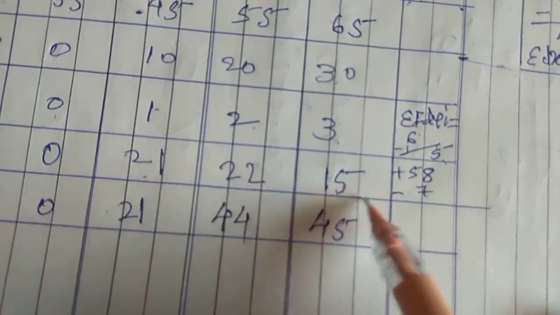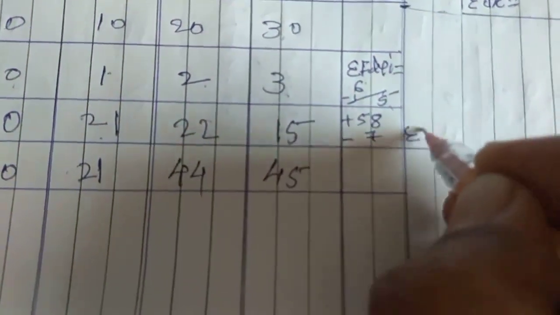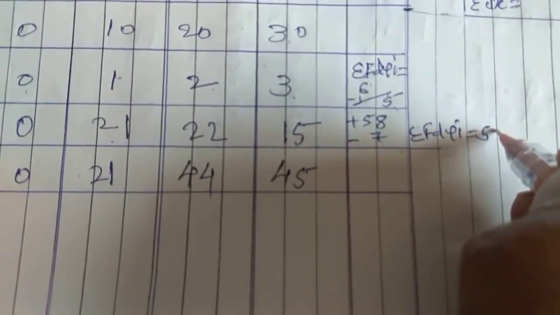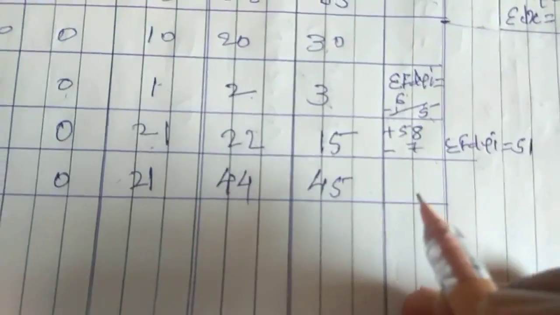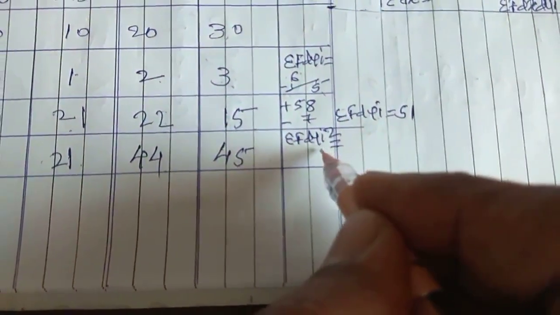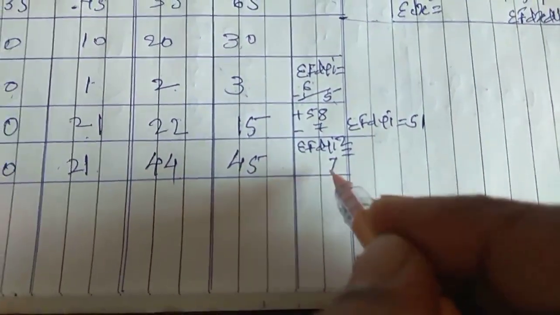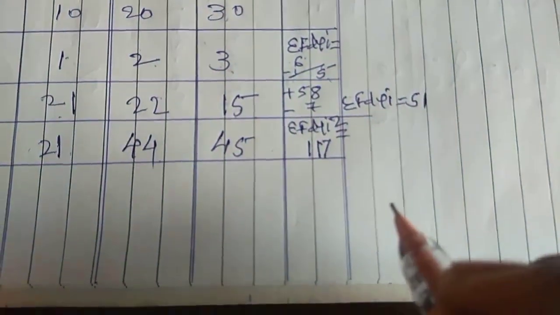Here 21, 22, 15, 58 minus 7. Sigma f dyi equal to 51.